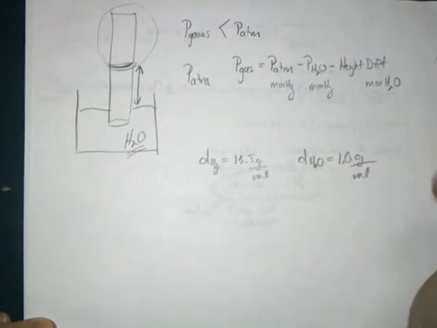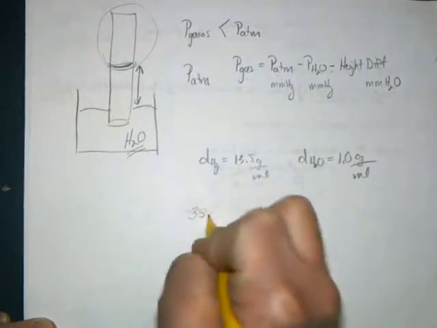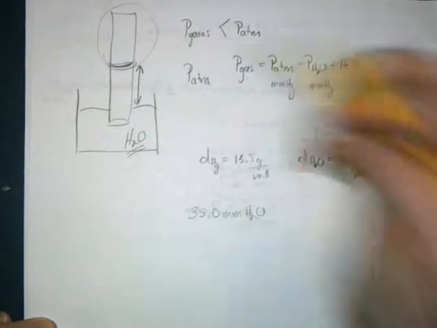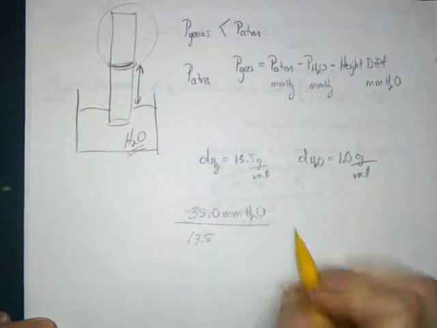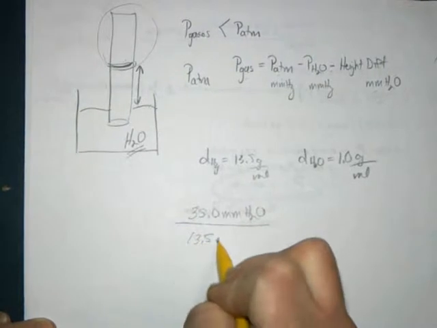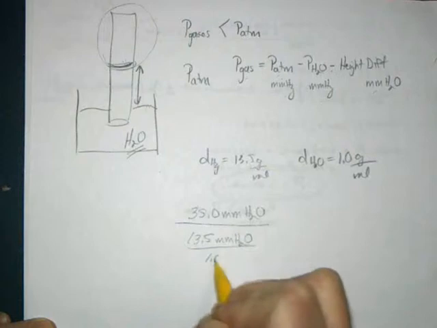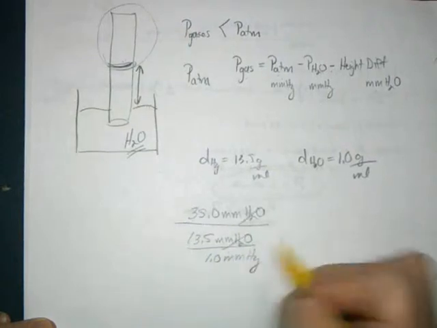So, if we would have a height difference, let's say, of 35 millimeters of water, and we would measure that with a ruler, if we divide that out by 13.5, for every 13.5 millimeters of water of height, that will be equivalent to 1 millimeter of mercury. That will then convert to millimeters of mercury.